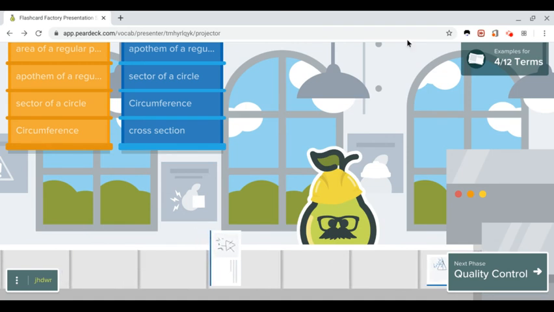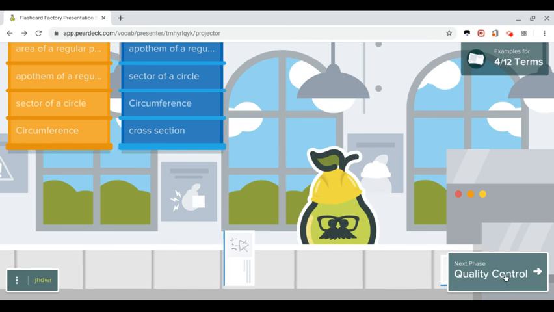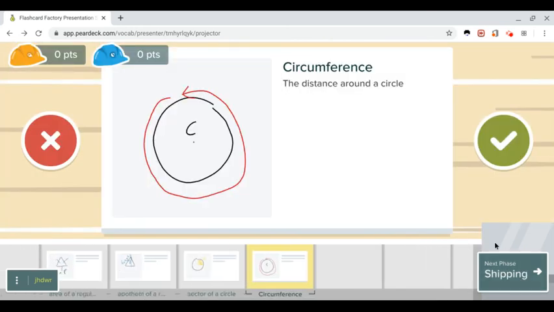Okay, so I have 4 out of 12. I'm actually going to just move on to the next part only so that you're able to see what I'm doing.